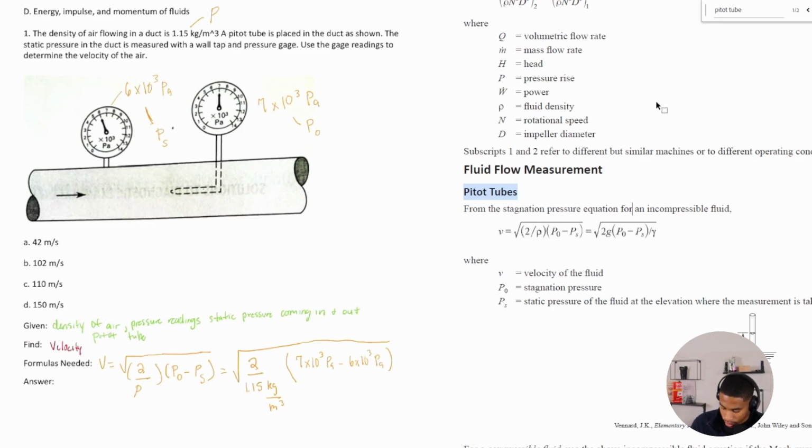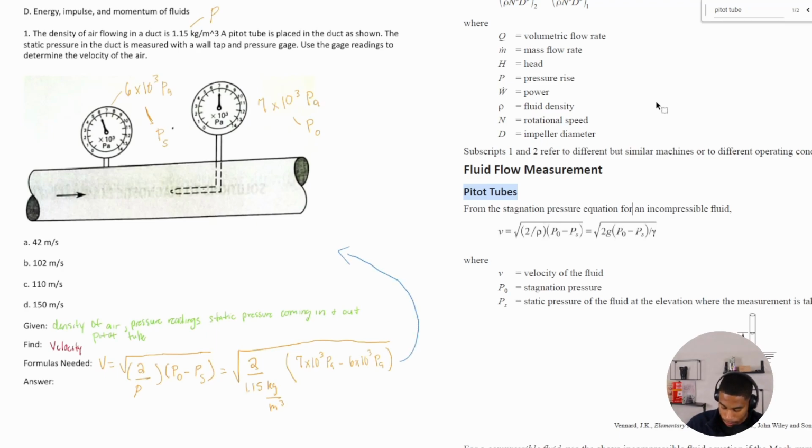So once we bring this over, I'll just bring this up here. It's going to transfer everything that we're doing up here.